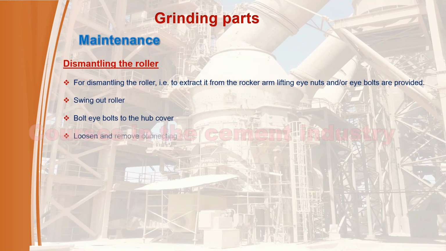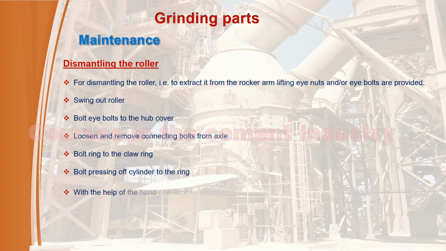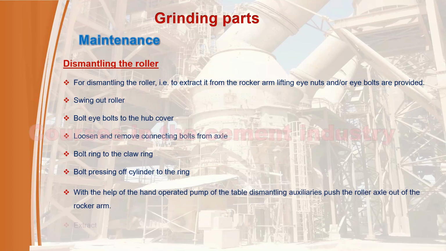Loosen and remove connecting bolts from axle. 5. Bolt ring to the claw ring. 6. Bolt pressing off cylinder to the ring. 7. With the help of the hand-operated pump of the table dismantling auxiliaries, push the roller axle out of the rocker arm. 8. Extract the roller from the rocker arm by means of a crane.